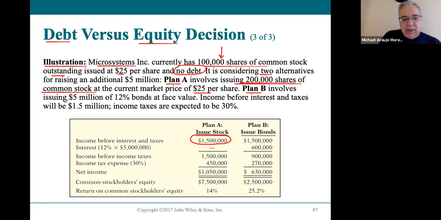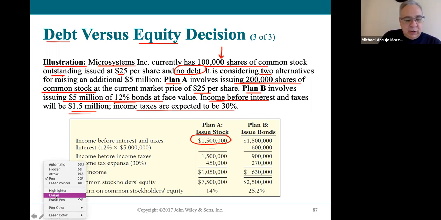Plan B involves issuing $5 million of 12% bonds, so it's a very high cost, a lot of interest you're paying. The income, which is the profit before taxes, will be 1.5 million, and your income tax is 30%.